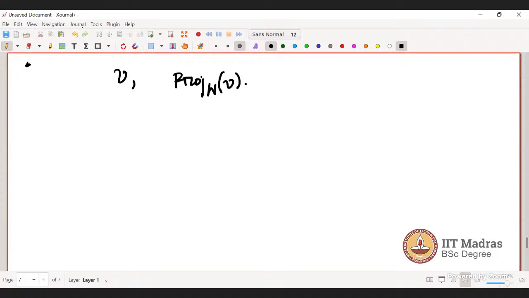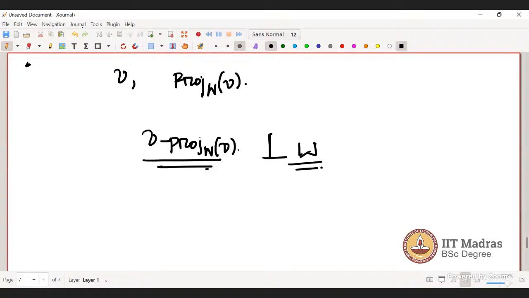The thing you are writing, v minus projection of v onto w, is basically the perpendicular, right? Yes, this is perpendicular to w. So the direction is towards v, right, sir?